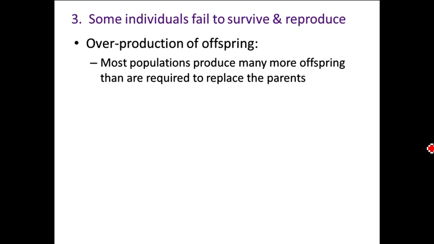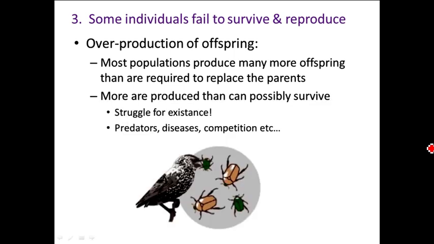So most populations produce many more offspring than are required to replace the parents, and more offspring than can possibly survive. There's a struggle for existence. Predators, diseases, competition, all sorts of things are taking out individuals within the population at all times, working to kill them off. So it's hard to survive out in nature. Not everybody does. That's just what that is saying.